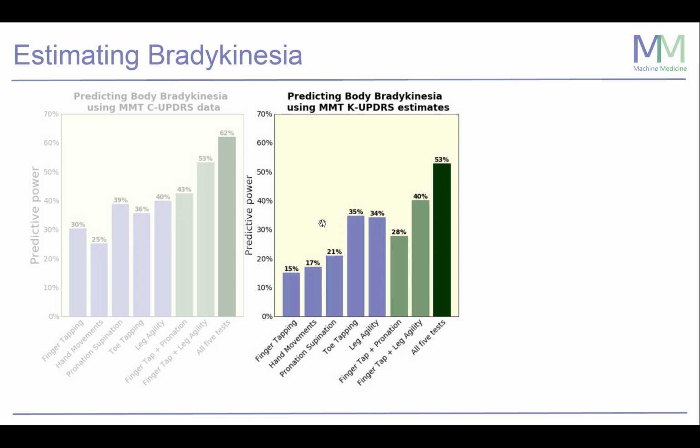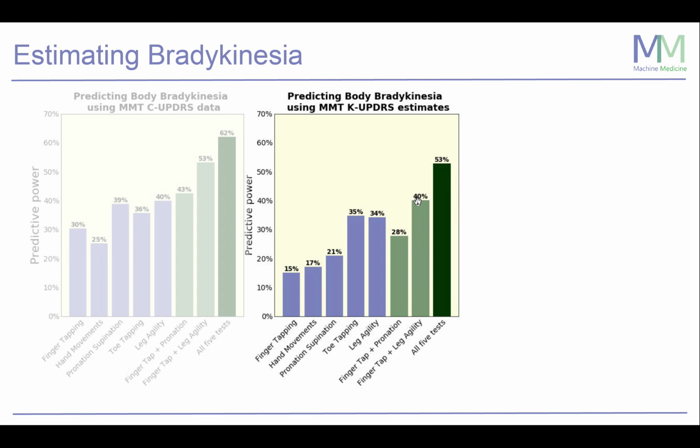In this case, we're using Kelvin's extracted features from the video in order to try and extract the overall score that was given by the clinician for item 3.14. So we're using the clinician's data to predict the clinician's global score, and we're using Kelvin's data to predict the clinician's global score in the second case. So it's not really a fair comparison if you want to look at the 53% versus the 62%.